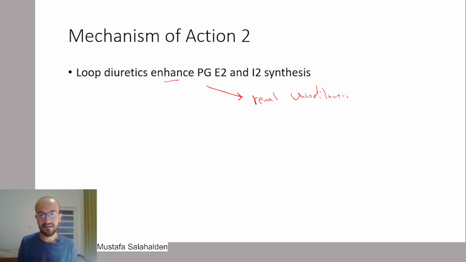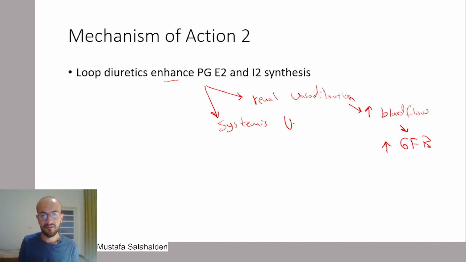And if there is vasodilatation in the kidney, this would increase blood flow to the kidney, and lead to an increase in the glomerular filtration rate. Also, this prostaglandin works systemically, so we get systemic vasodilatation, and this would lead to a decrease in blood pressure.